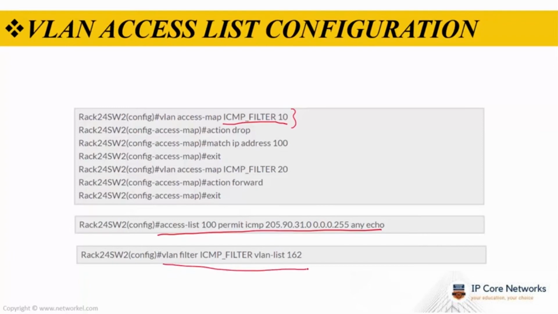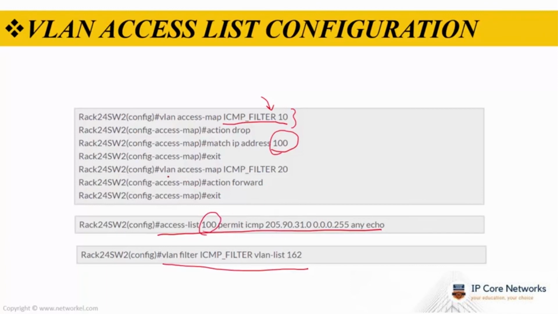and filtered. So what these commands are doing for this configuration is we define an ICMP filter 10 VLAN access map, and the action is drop for the IP addresses that we match in access list 100.